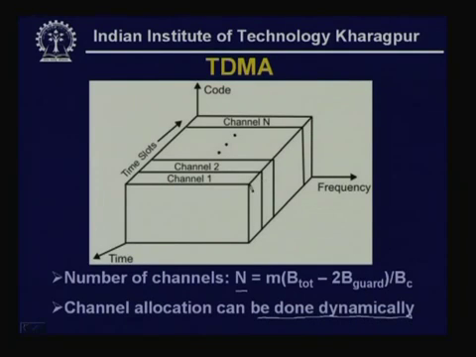For example, this particular channel can be statically allocated to a single station or user. In that case, we call it time division multiplexing. On the other hand, if it is done dynamically and based on demand, then we call it time division multiple access. That means a particular channel can be shared by a number of stations or users. So that is your time division multiplexing.